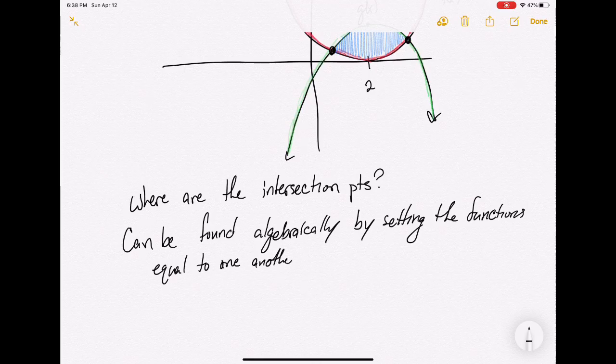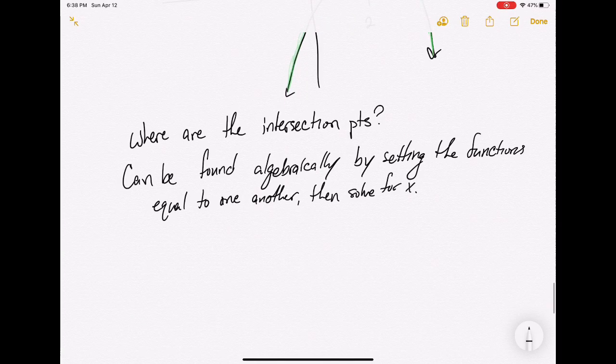So you set the functions equal to one another and solve for x. So in this case, our functions are x minus 2 squared, and we set it equal to negative x minus 2 squared plus 1.